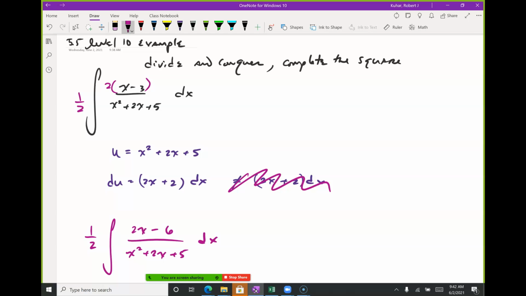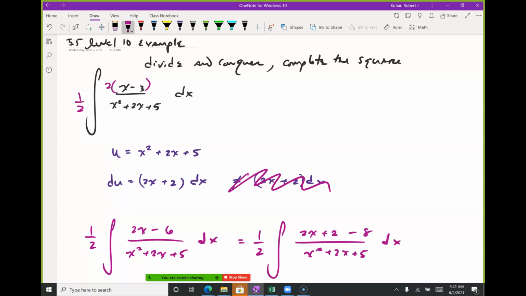But what do I want upstairs? I want 2x plus 2, right? So this is where I'm going to add 0. I'm going to borrow a 2 from the negative 6, right? So I have 2x plus 2 minus 8 over x squared plus 2x plus 5.